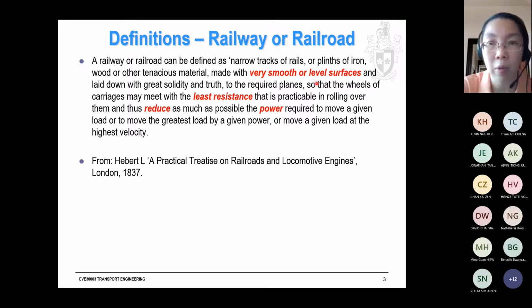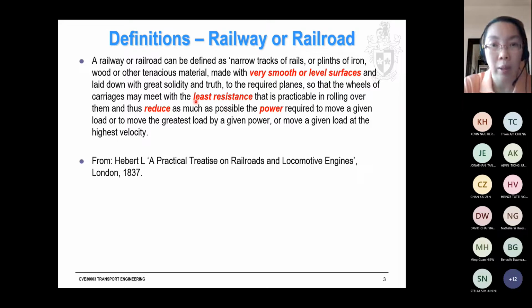So it has to be very smooth and have level surfaces, and laid down with great solidity and truth to the required plans, so that the wheels of the carriages may meet with the least resistance practicable in rolling over them, and thus reduce as much as possible the power required to move a given load, or to move the greatest load by a given power.